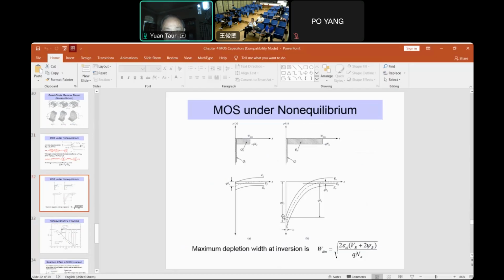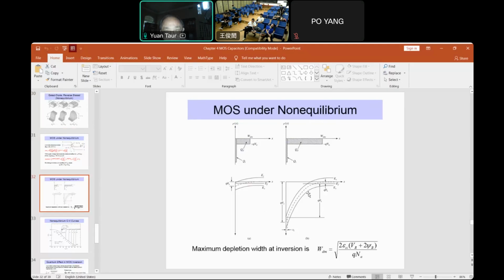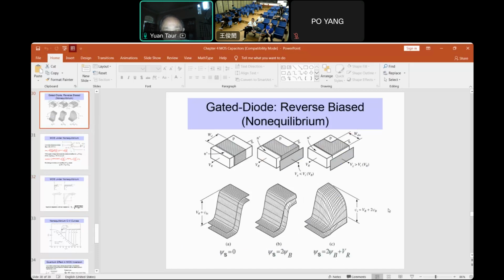At the same time, you can see that because of the reverse bias, the depletion width is also much wider. Before we had 2 psi B in here, but now the surface potential is 2 psi B plus VR, so the depletion width becomes much larger, just like shown here. This is the same thing, just looking at a different cross section, the cross section in this direction.